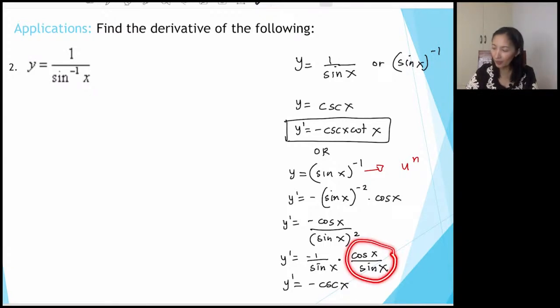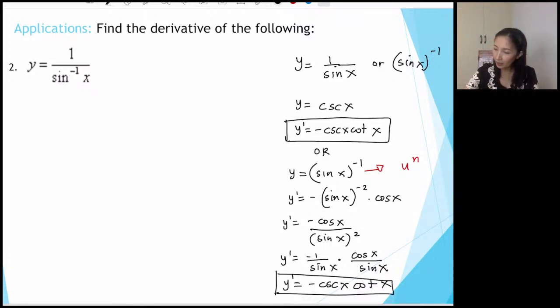You know very well that cosine over sine is cotangent x. Let's compare now. Are they the same? Comparing this with the previous answer, negative cosecant x cotangent x, negative cosecant x cotangent x.